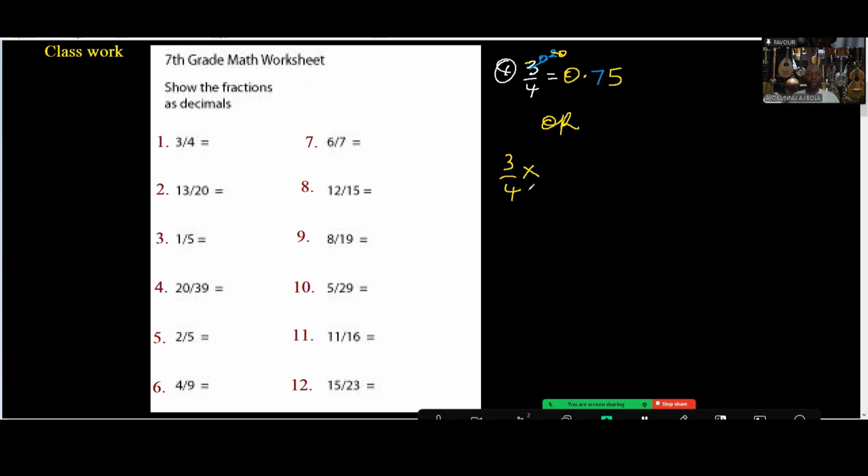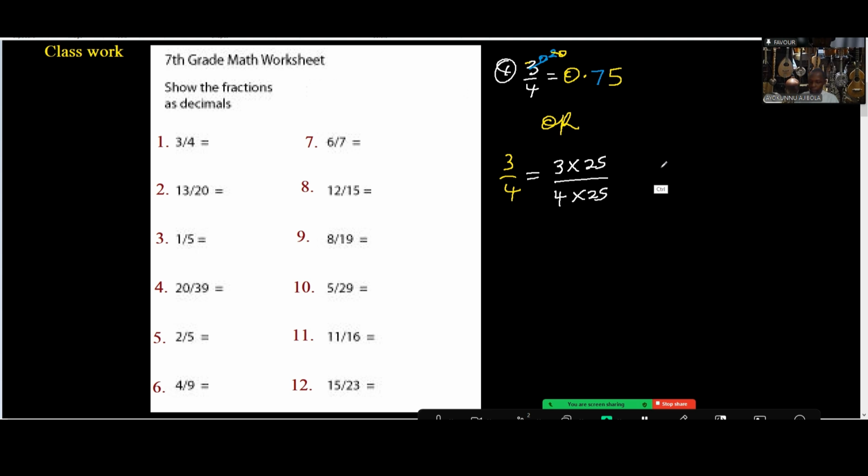Or we can say 3 over 4. I will try to turn the one at the bottom to 100, okay? How can I turn it to 100? I will say times 25. So I'll say equal to 3 times 25 and 4 also times 25, because it's the base when I want to turn to 100.